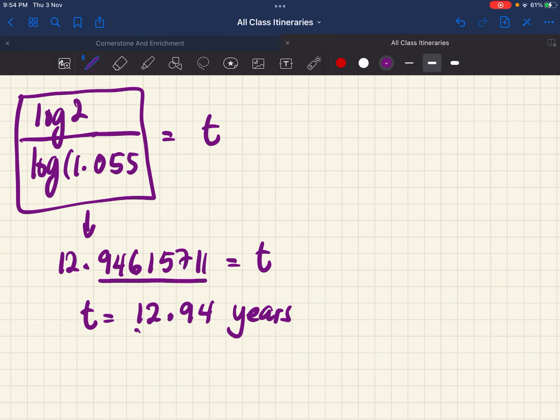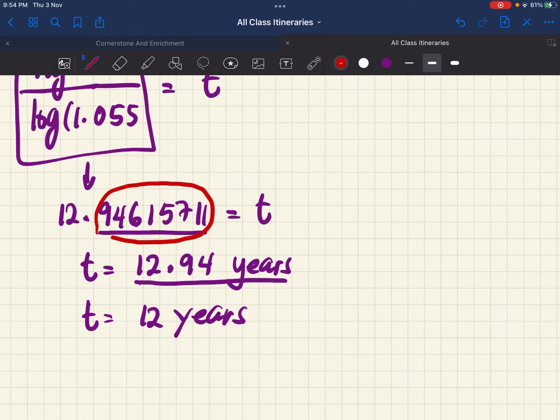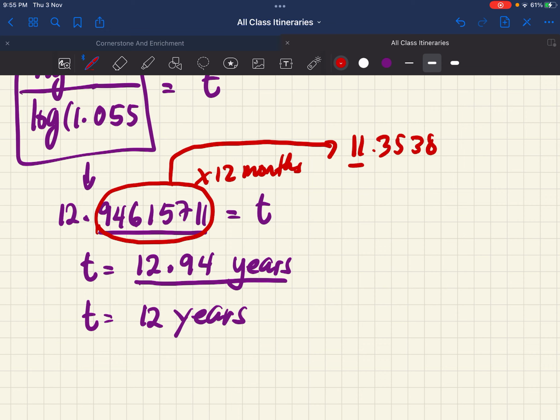But how are we going to clearly say this? We can say that it's going to be 12 years, and for the decimal part, what you're going to do is get this and multiply it by 12 months. If I multiply that by 12 months, it gives me 11.3538, which is just around 11 months.